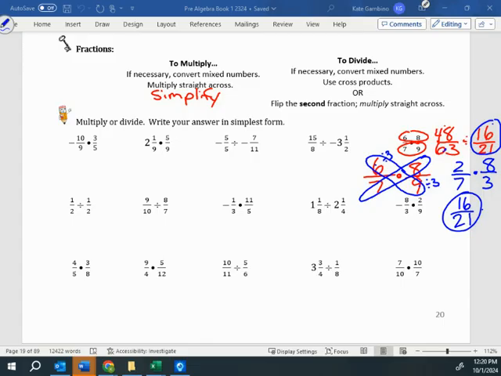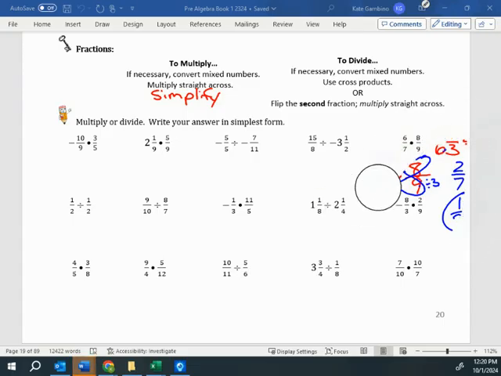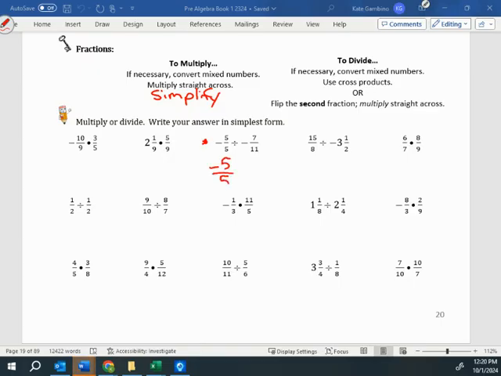Always, after you do your math, check to see, am I doing positive, positive? What's my final answer? Positive or negative? So, the multiplication is simpler. The division, let's look at this one. We keep our first fraction the same.